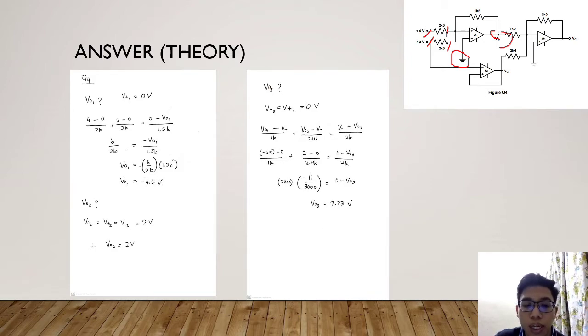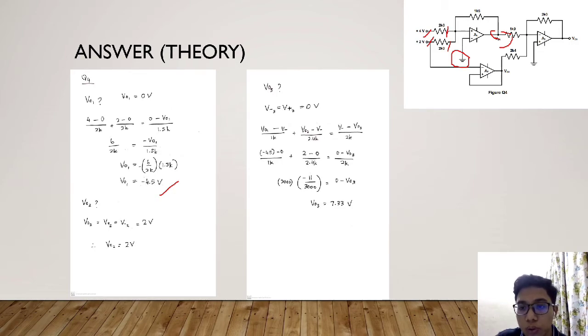So using the formula: 4 minus 0, as the value of V plus is 0, over 2k, plus 2 minus 0 over 2k, is equal to 0 minus V output 1 over 1.5k. After substituting all the values, we get V output 1 equal to negative 4.5 volt. Okay, settled for V output 1.